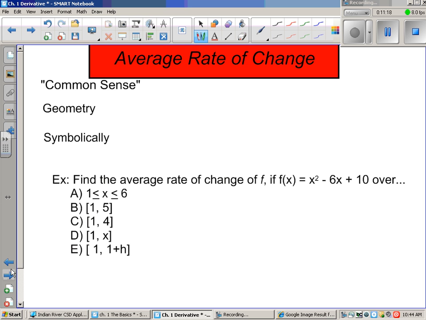Geometrically, the way that you're looking at it is just thinking of how it's rising and falling, and just being able to do rise over run, truth be told. Geometrically, you're looking at the slope of the secant line.